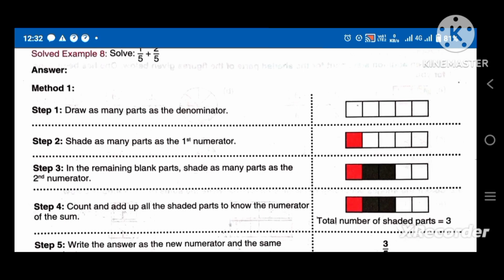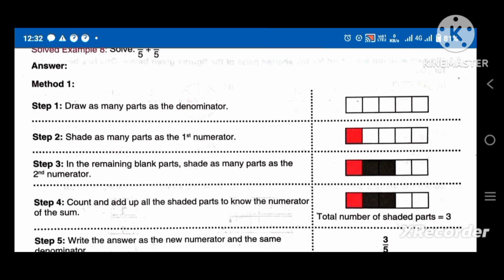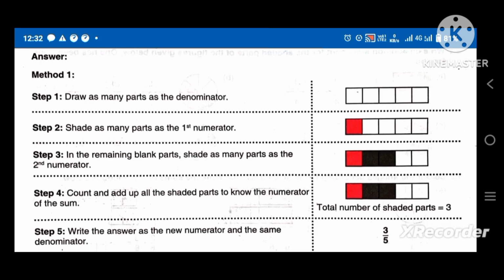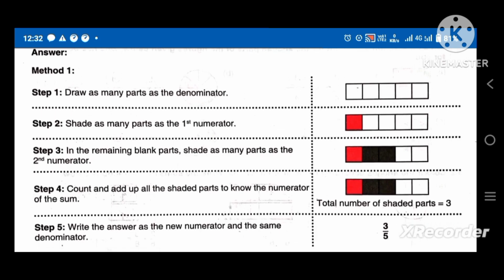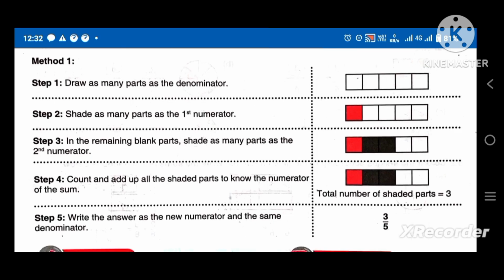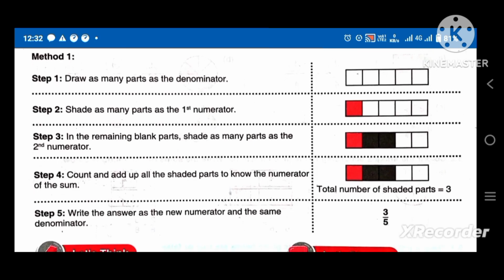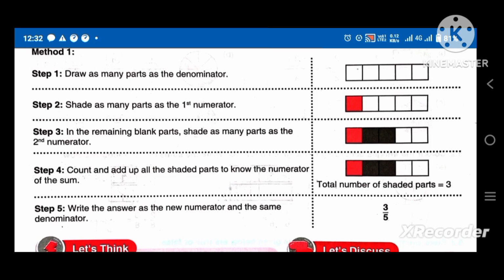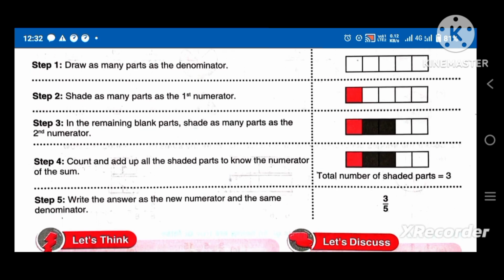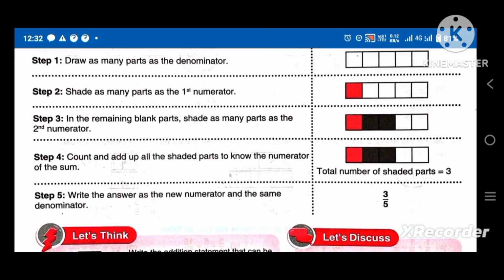Shade as many parts as the first numerator. The first numerator is 1. 1 by 5 means 1 box is shaded. Step 3. In the remaining blank parts, shade as many parts as the second number. The second number is 2 by 5. So we shade 2 boxes.